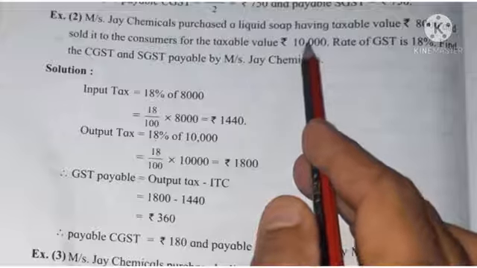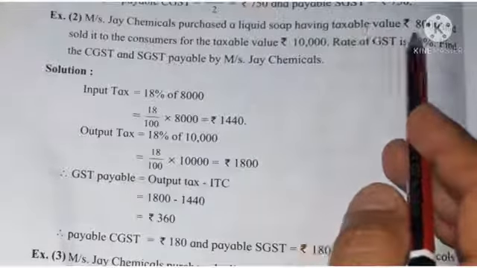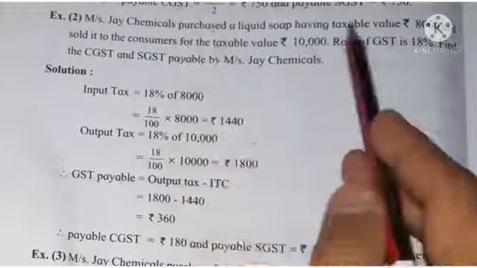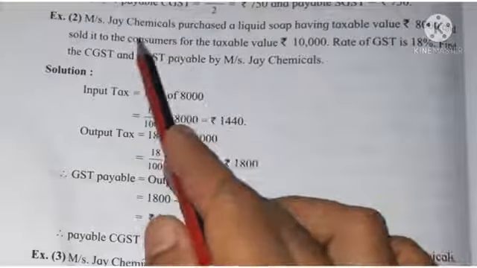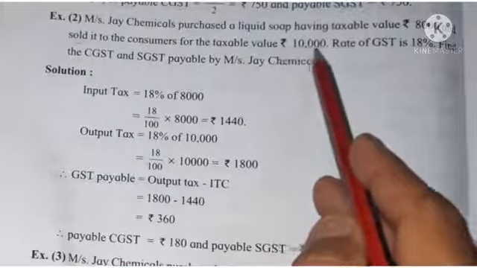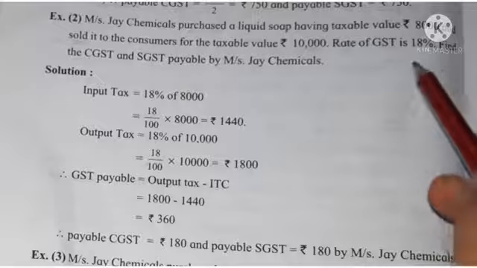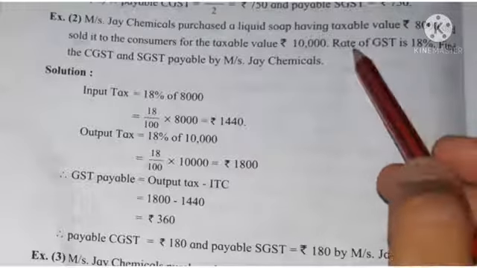So here, at the time of purchase, the taxable value is 8,000. And at the time of sale, its value is 10,000. And the rate of GST is 18%. Here we have to find input tax and output tax, which are not given directly.